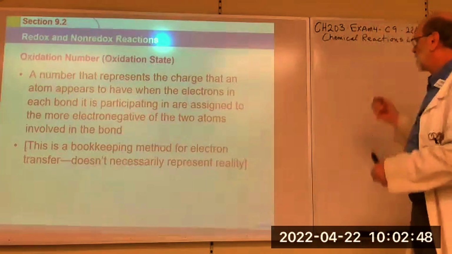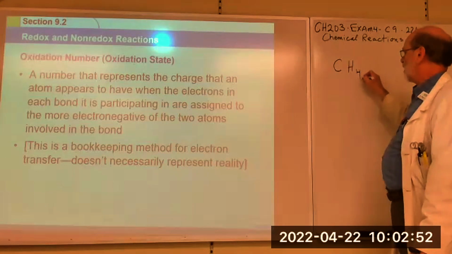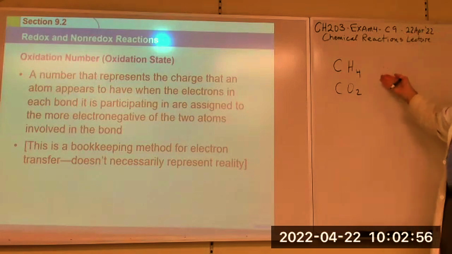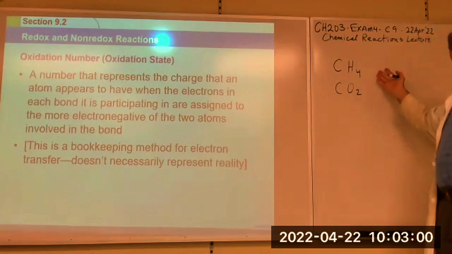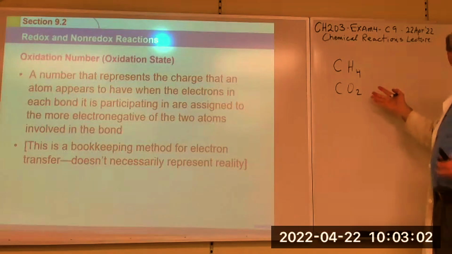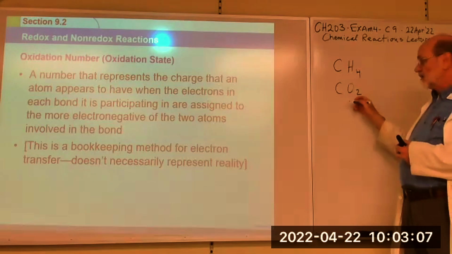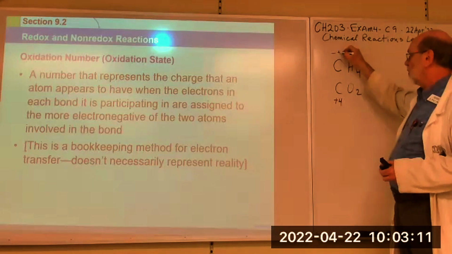For instance, the difference between carbon in this compound and carbon in that compound. They're both covalently bound compounds, but we can assign an oxidation number for this carbon and that carbon. This one would be +4, and this one would be -4.